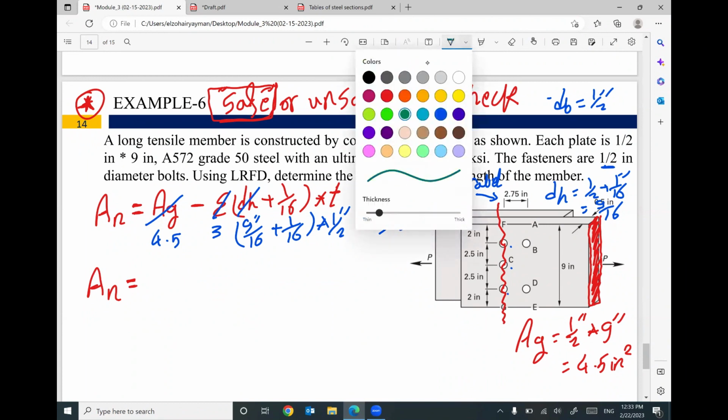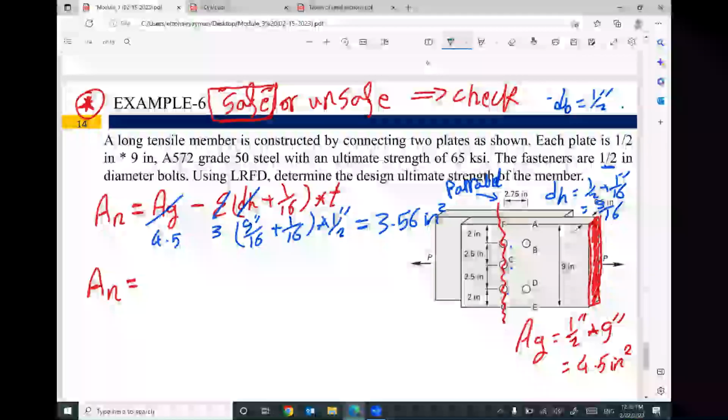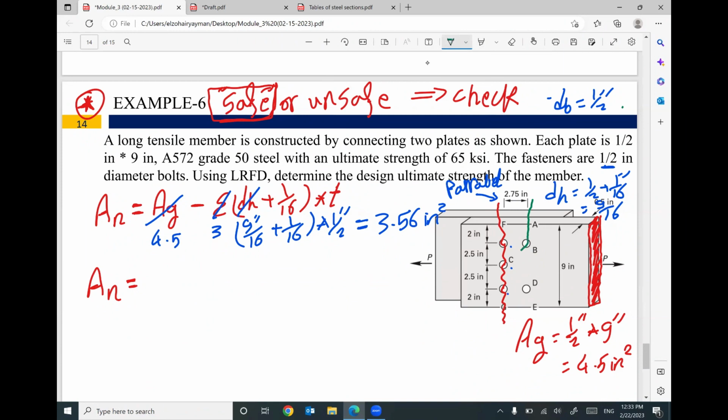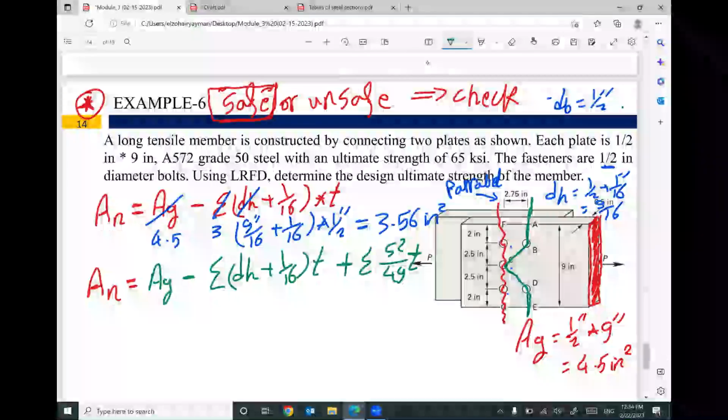Another suggestion is we have this failure. As it's staggered, your area net will be area gross minus summation D hole plus 1/16 times thickness plus summation S squared divided by 4G times thickness.